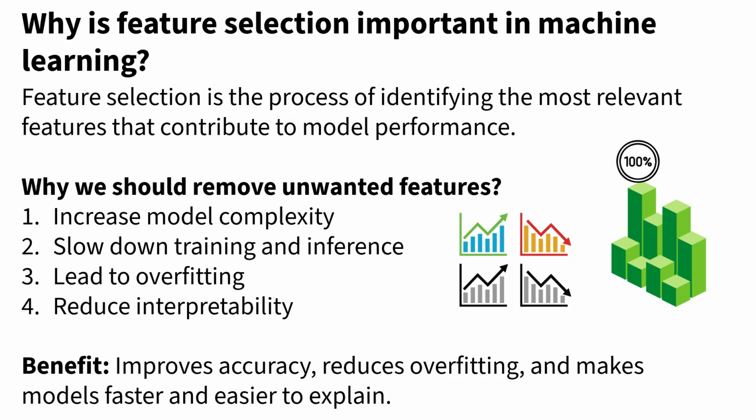For example, in predicting house prices, features like location, square footage, and number of rooms matter, but including house paint color or owner's name only adds noise. The benefit: feature selection often improves accuracy, reduces overfitting, and makes the model faster and easier to explain.